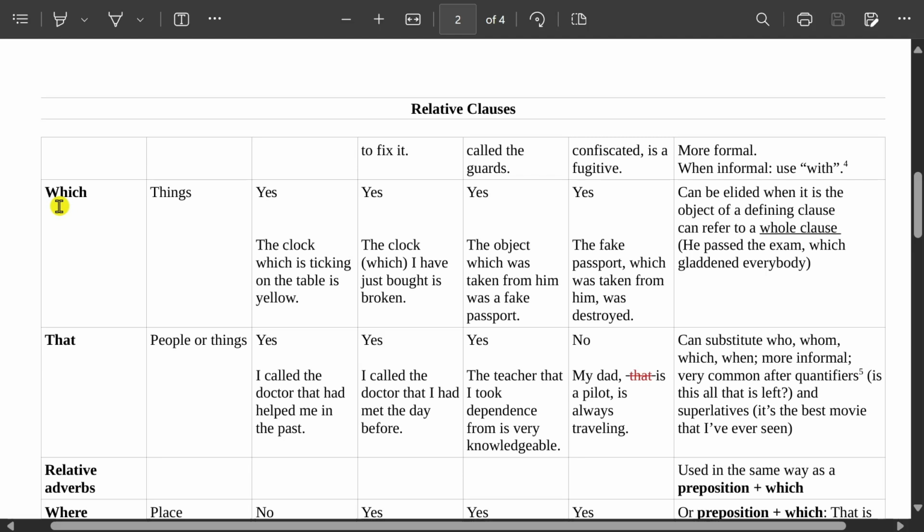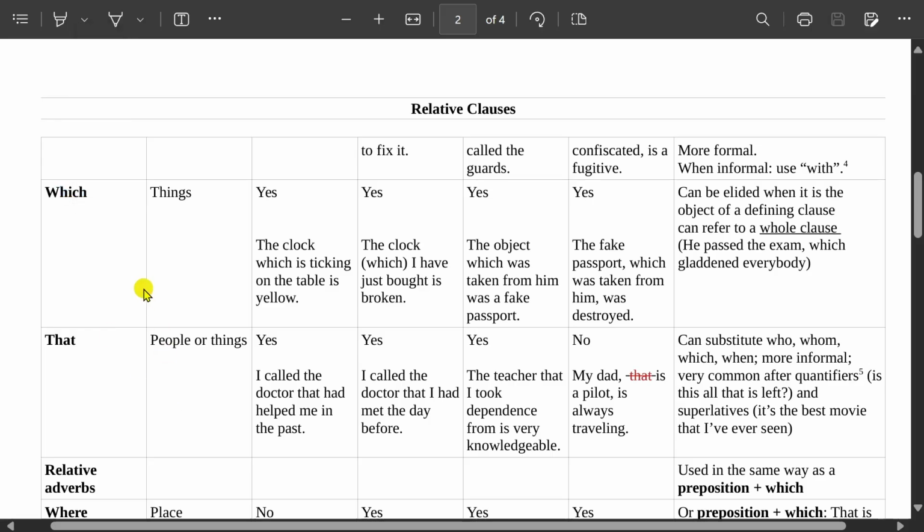You don't pronounce the W, it goes directly to the R sound. So here you can pronounce directly the W sound, which, or you can pronounce this aspirated H, which. Okay, which.